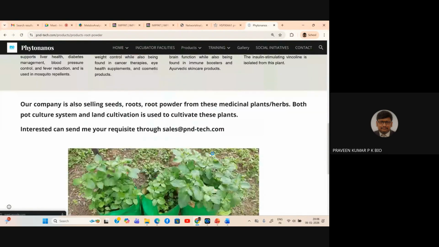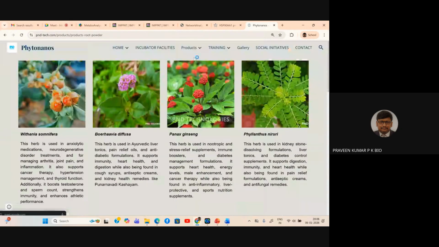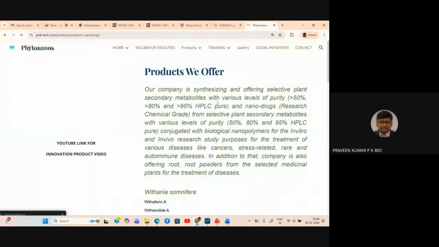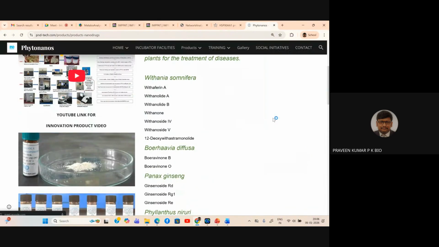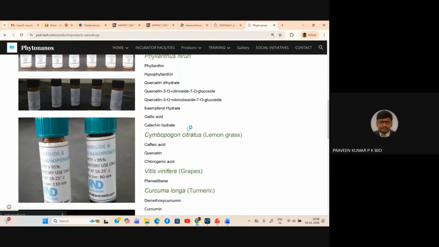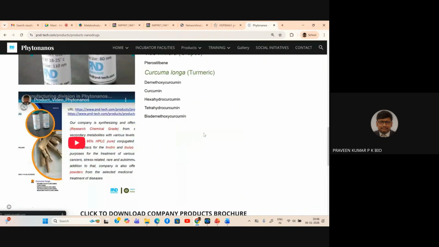Now we are trying to increase the plants, and we are going to increase the products in future. Other than root powder and plant-based materials, we are also providing secondary metabolites of above 50, above 80, above 95% purity. These are the compounds we are marketing at present. Slowly we are going to increase up to 100 secondary metabolite products.